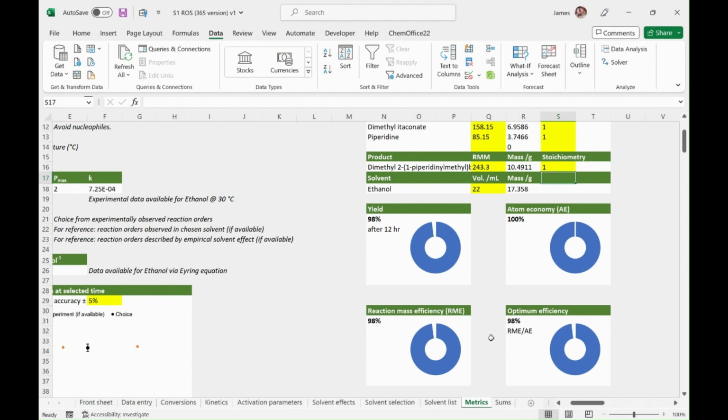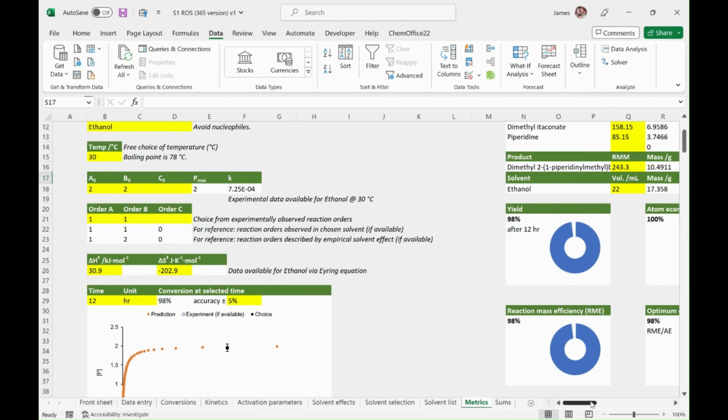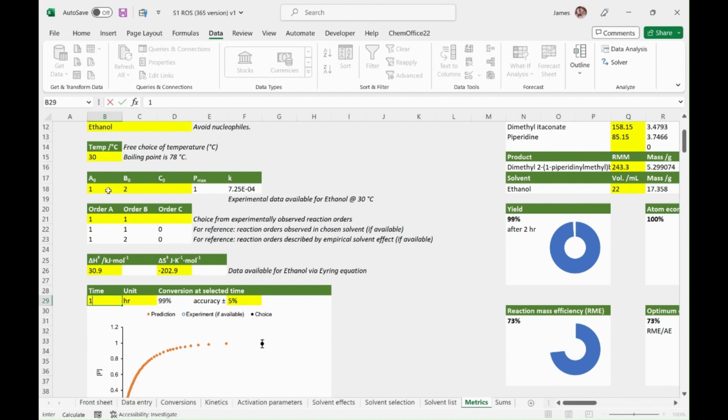So we have, in this case, 98% predicted yield. That is after 12 hours of this reaction with 2 molar concentrations of both reactants. If I chose to use an excess of one reagent over the other, then again I change the ultimate yield, and also I could do a more realistic duration of the reaction.